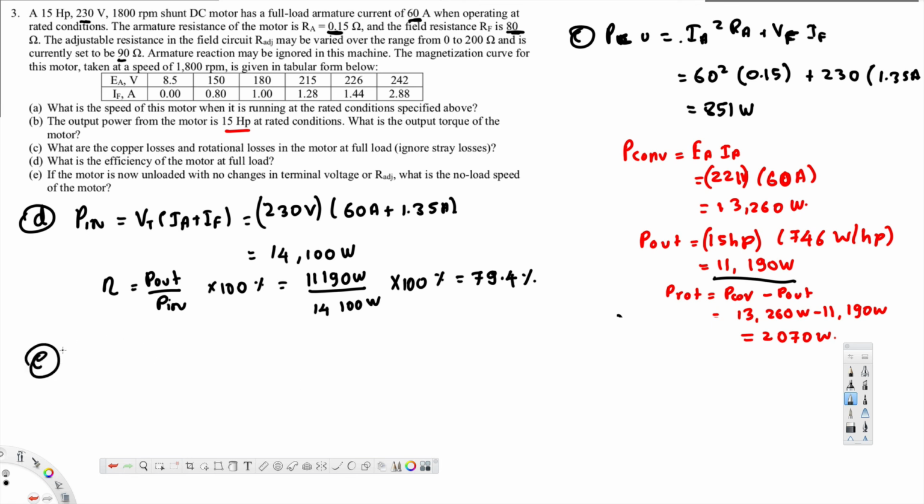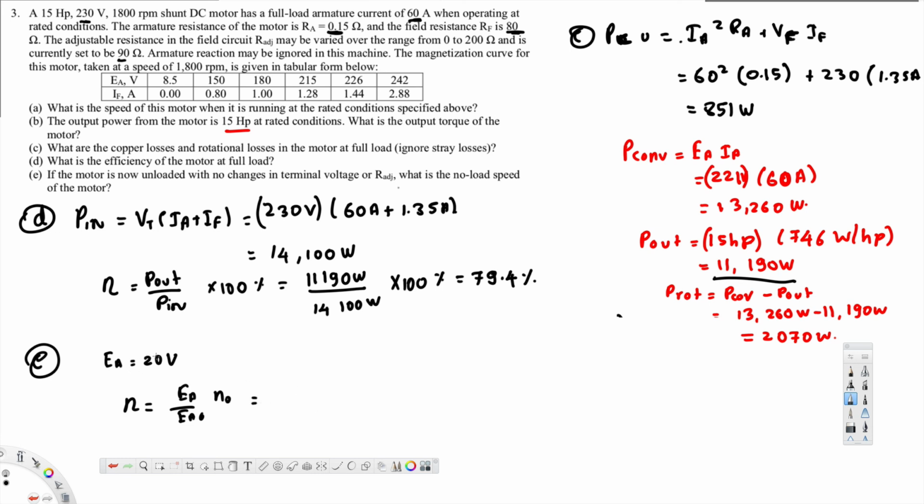Now the E part is asking, if the motor is now unloaded with no changes in terminal voltage or Radj, what is the no load speed of the motor? To find out the speed, we know that Ea is equal to 230 volts if it's no load. To calculate the no load speed, this is the formula: N is equal to Ea divided by Ea0 multiplied by N0.